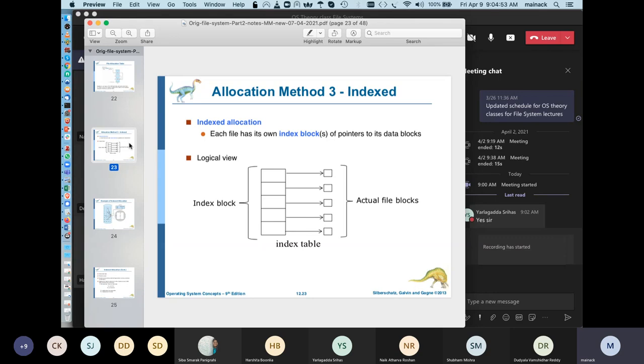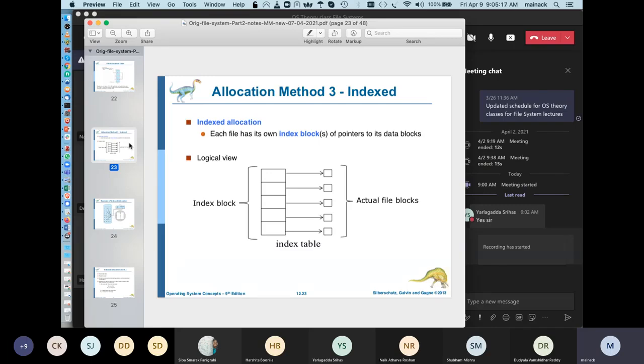So to solve this problem, essentially we have the last method called indexed allocation. Indexed allocation solves this whole problem of linked allocation, where you don't really know where the blocks are and there is no direct access because you need to always follow the pointer to the next block.